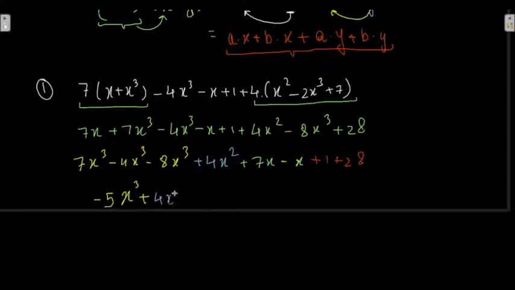There is no other x square term, so we'll just write 4x square and then we'll solve this. Plus 7x minus x is plus 6x plus 29. This is our answer.